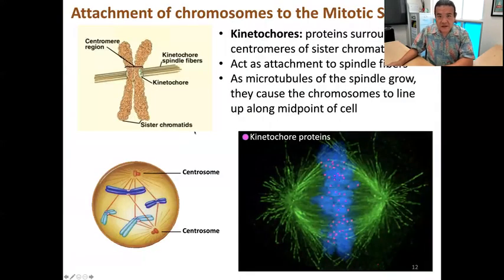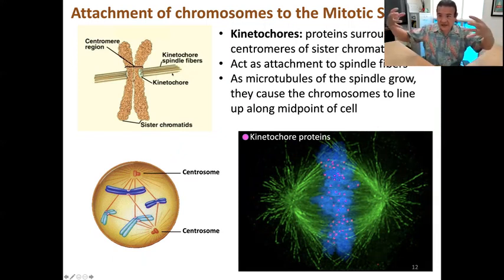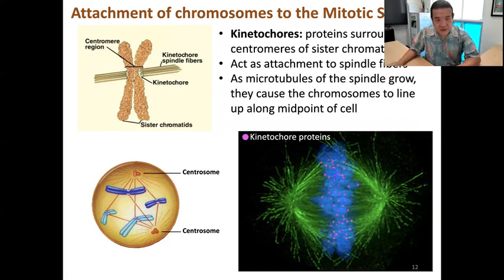Okay. So here you see the attachment of the chromosomes to the mitotic spindle. So these are the spindle fibers that would be coming from those centrioles and centrosomes on either side, reaching towards the middle and attaching to each sister chromatid pair. So let's pretend that this is chromosome 1, and it's chromosome 1 that came from mom, right?